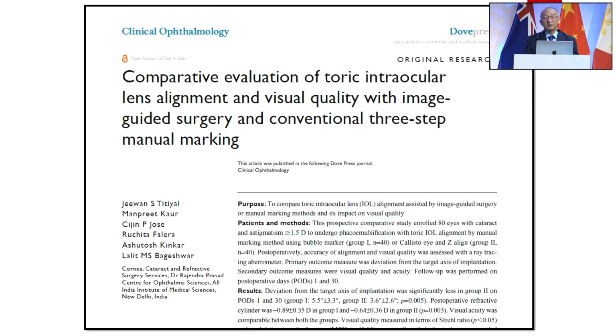So once you have so many various ways to handle, manual versus automated, this is a study we did to compare, is the automated system really going to give you a difference in terms of outcome?